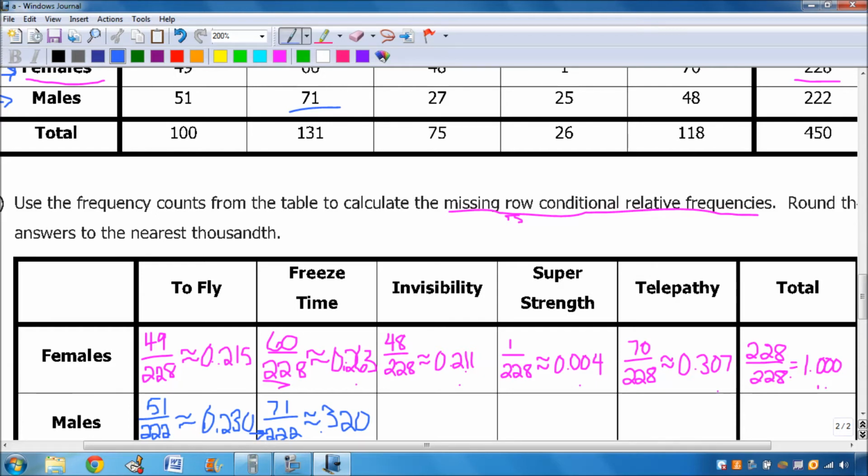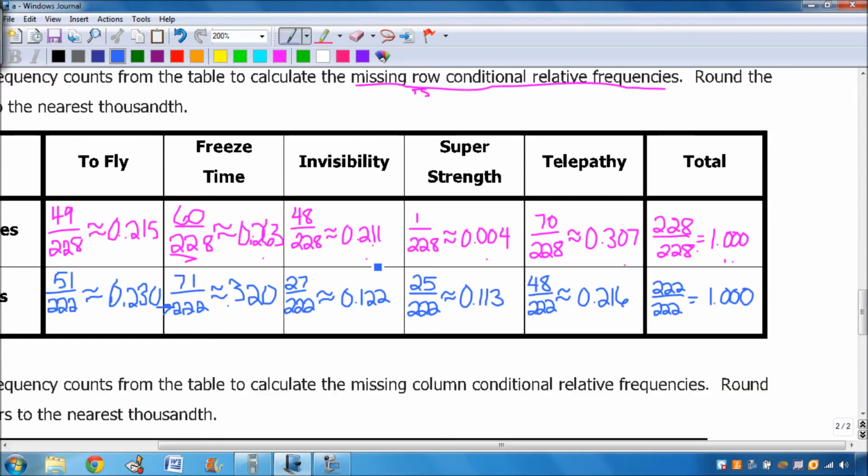Okay, I want you to complete the rest of this row for me on your own. Press pause and then come back and check to see how you did. All right, the answers you should have gotten are 0.122, 0.113, 0.216, and a whole 1.000. We have these extra zeros because it says to round to the nearest thousandth.